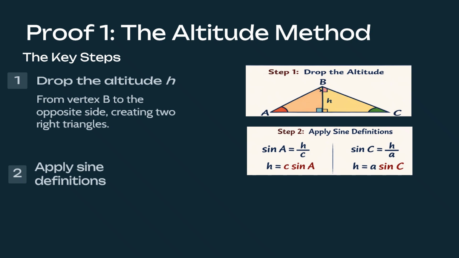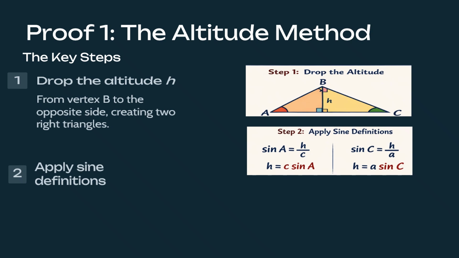In the left right triangle, we can write sine of angle A is equal to h divided by c. Solving for h, we get c times sine of A. In the right triangle, we can write sine of angle C is the ratio between h and a, equating to h equals side a times sine of angle C.